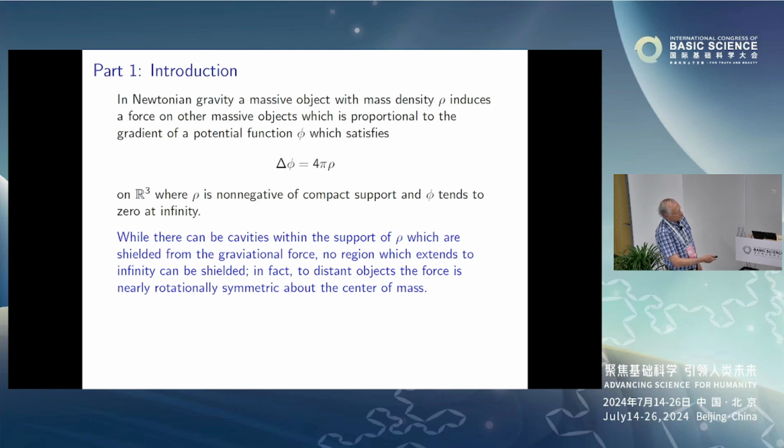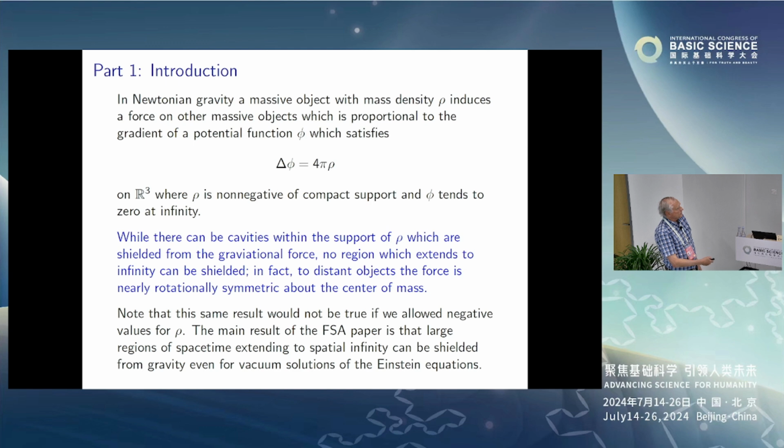So in fact, to distant objects, the force is nearly rotationally symmetric about the center of mass. And notice that this is really very much related to the fact that rho is non-negative. So if rho were allowed to change sign, then this same result would not be true at all.